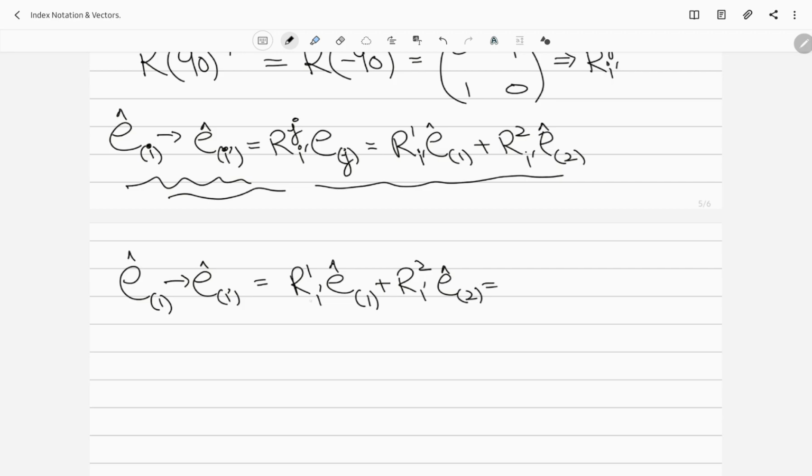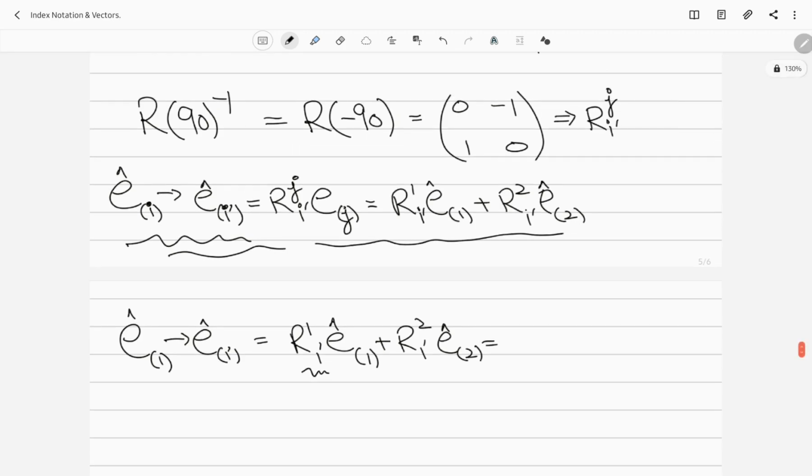Now look at this: R1 1 prime is this one, and that's 0. So 0 times E1 hat plus R2 1 prime is positive 1, and then this will give you E hat 2. Now this vanishes, right? E hat 2 we define in columns as 0 and 1.